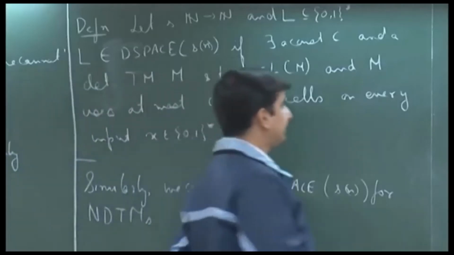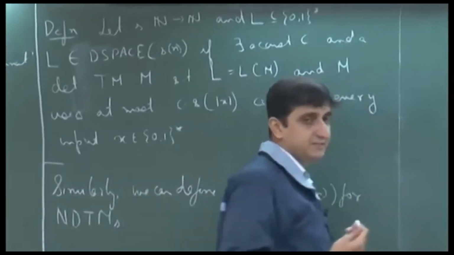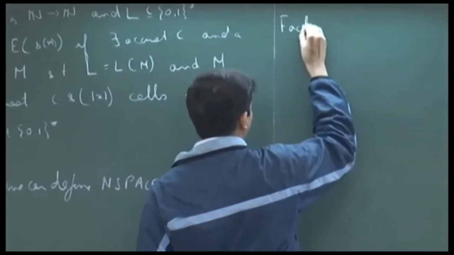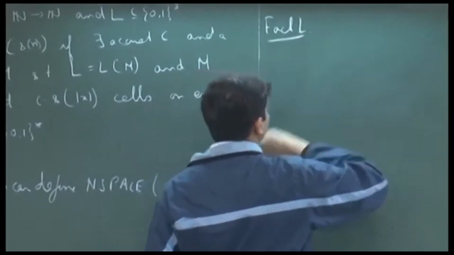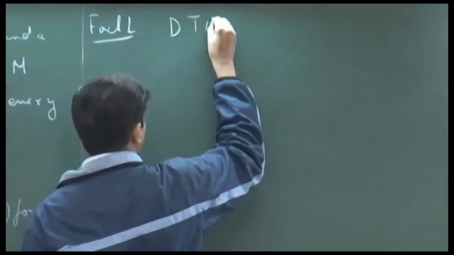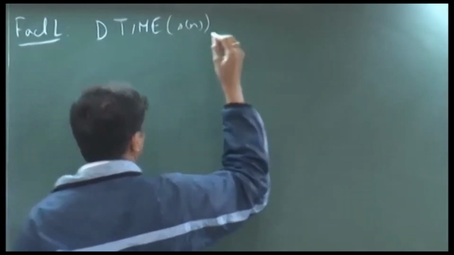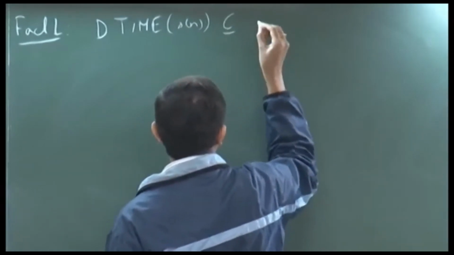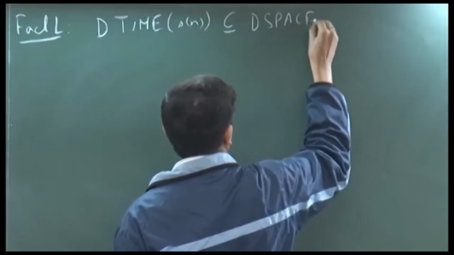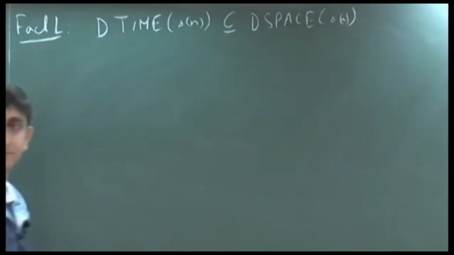Well, one thing is quite obvious. With respect to a function, let us say S of n, I will just state it as a fact. D time S of n is contained in D space S of n. And why is that?